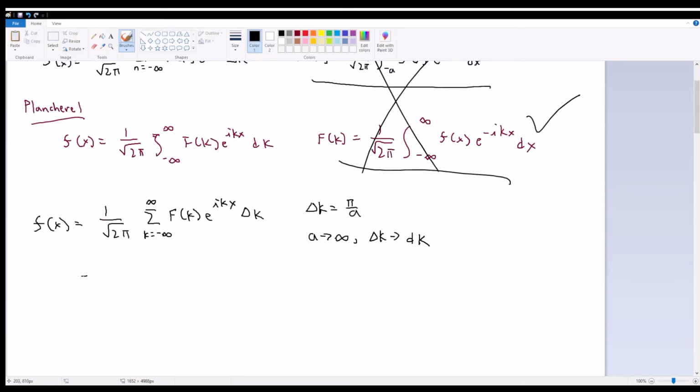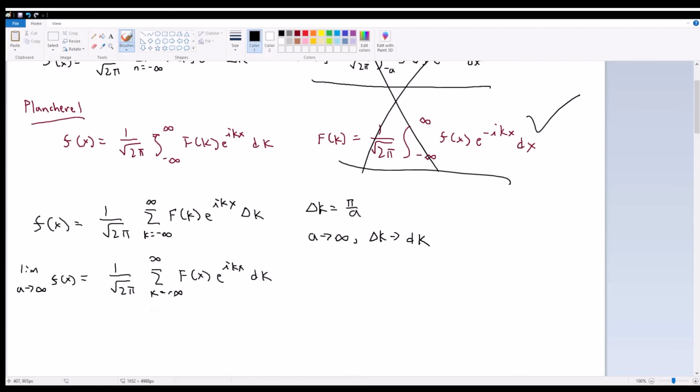So if we rewrite this, then the limit as a goes to infinity of f of x is going to equal 1 over square root of 2 pi times our summation k equals negative infinity to positive infinity of f of k e to the ikx dk.